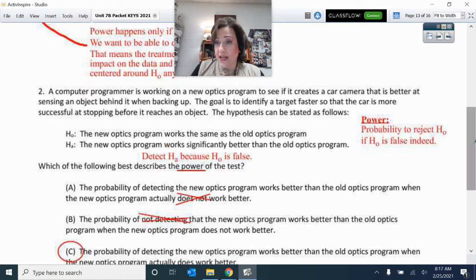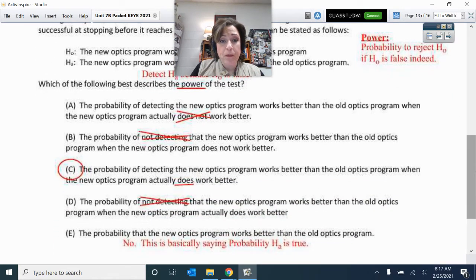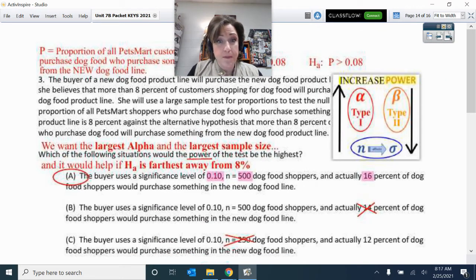All right. And so then that is what answer C is saying, is that we want to be able to detect that the new optics work better when they actually do work better. Power is a good thing. Power is allowing us to make a correct decision about rejecting the null hypothesis.